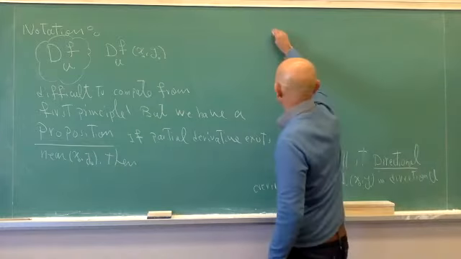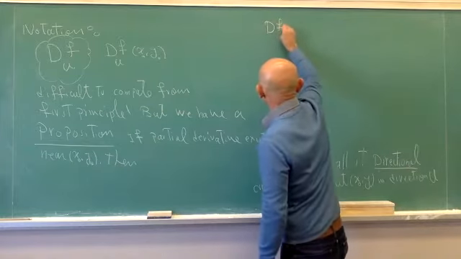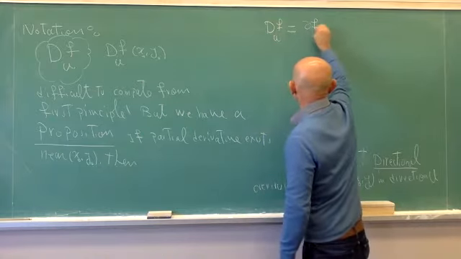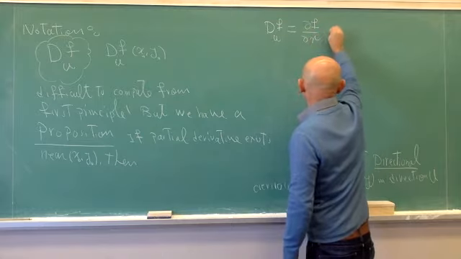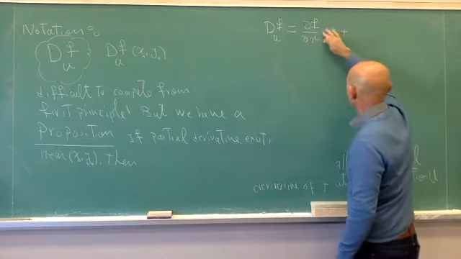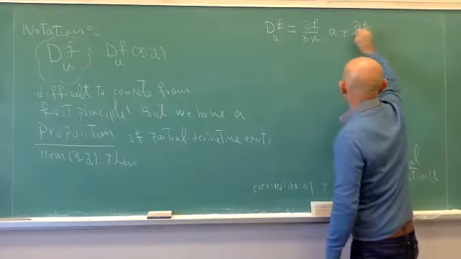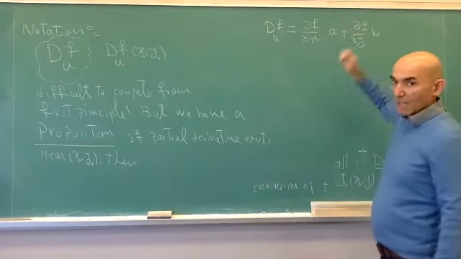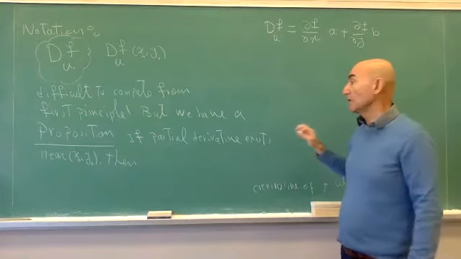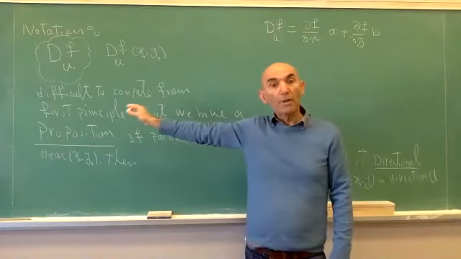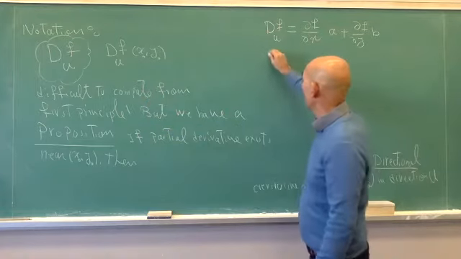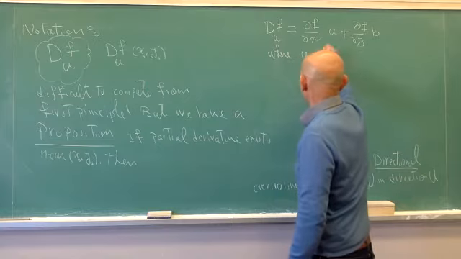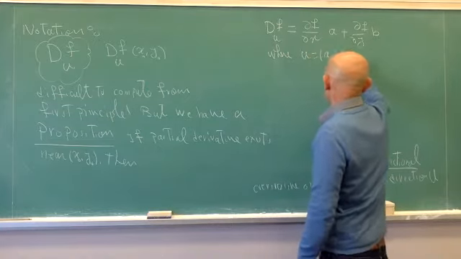So let me write it here. The directional derivative df in direction u is equal to df/dx times a plus df/dy times b. What are a and b? a and b are the components of the original vector u equal to (a, b), where u was our original unit vector.